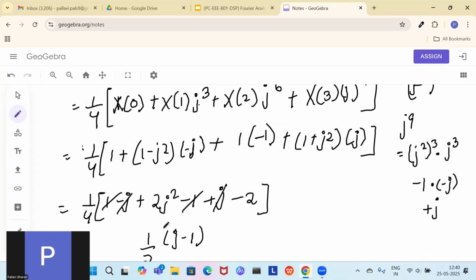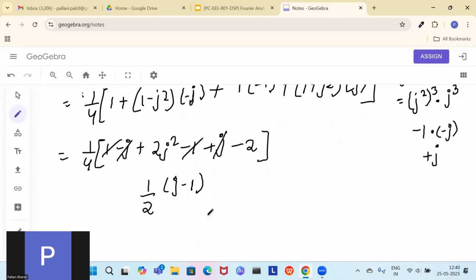So this is going to become over here minus 2, sorry. So this is going to be 1 by 4. Now these two are getting cancelled, but this is minus 1. So minus 1 into 2, that is minus 2. And this is again minus 2. So this is coming out to be minus 1.